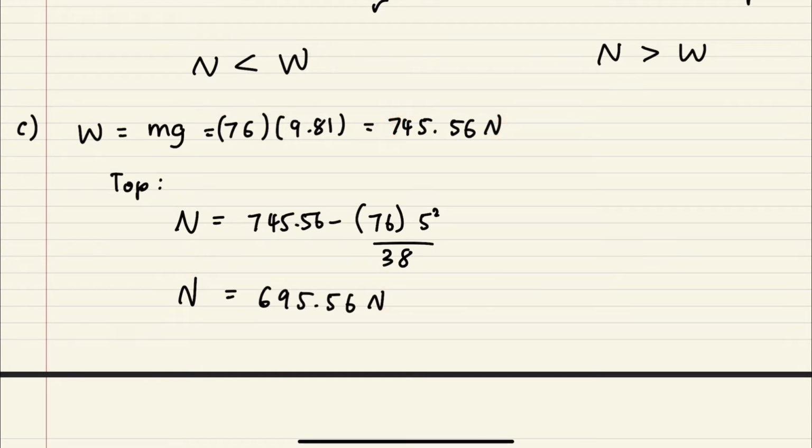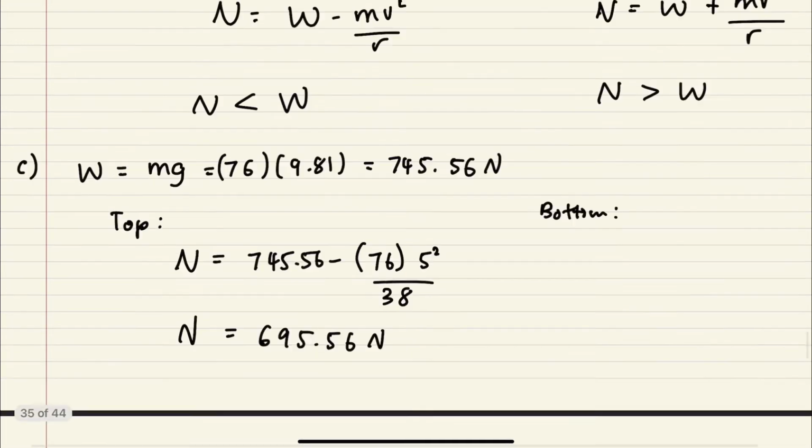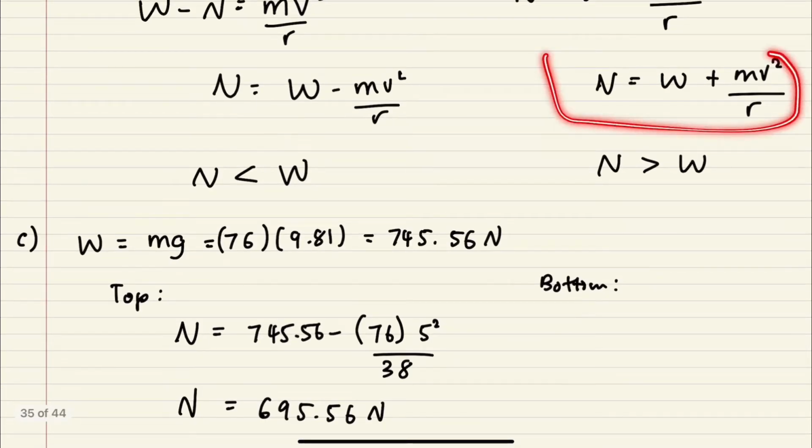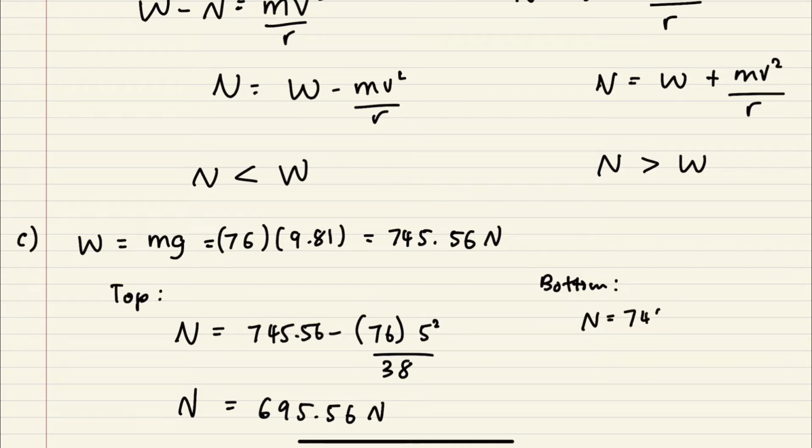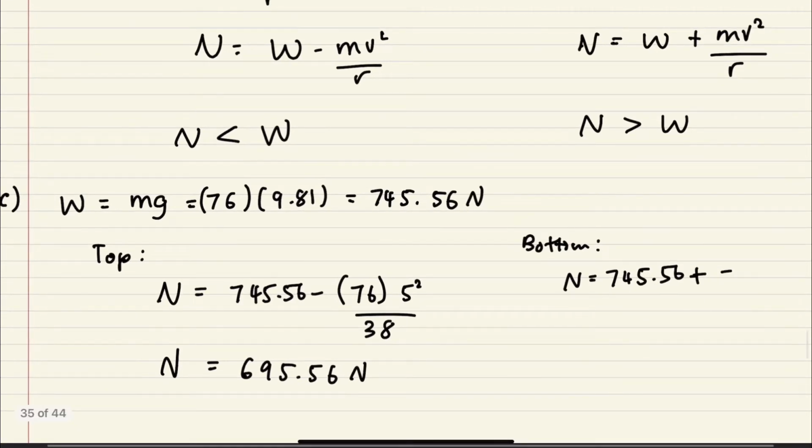On the other hand, at the bottom here, you have to use this equation. So N is equal to 745.56 plus mv squared over r, 76 times 5 squared over 38.